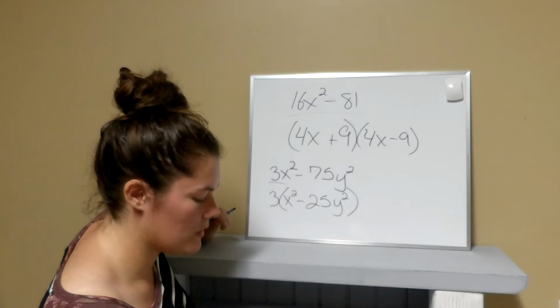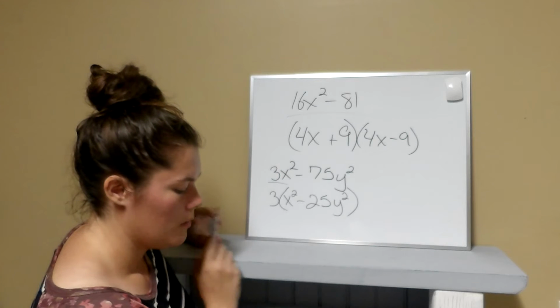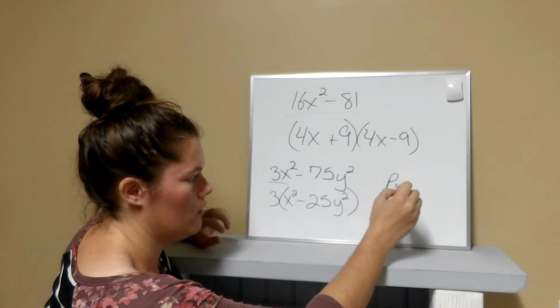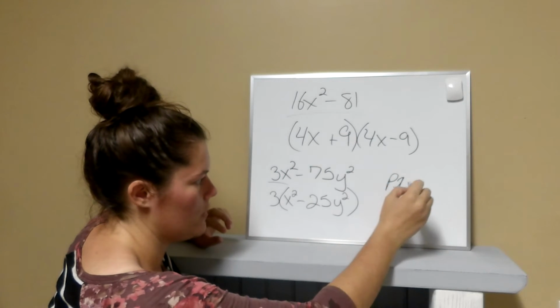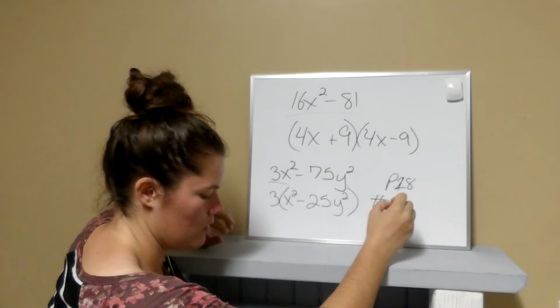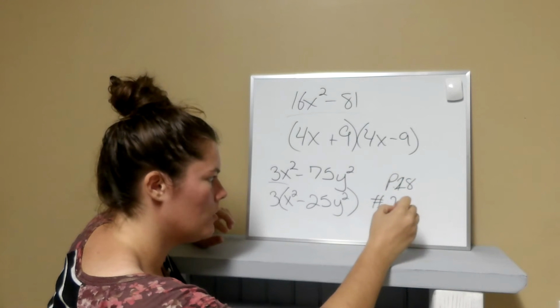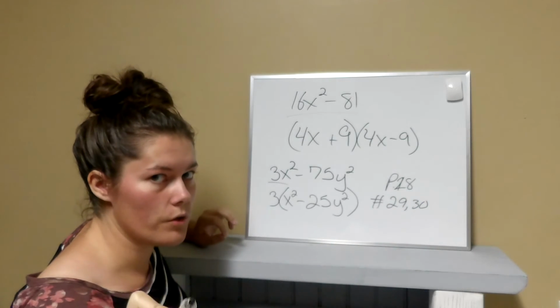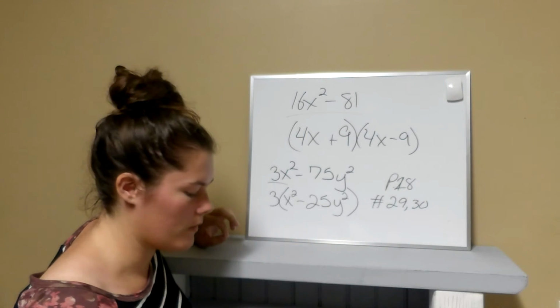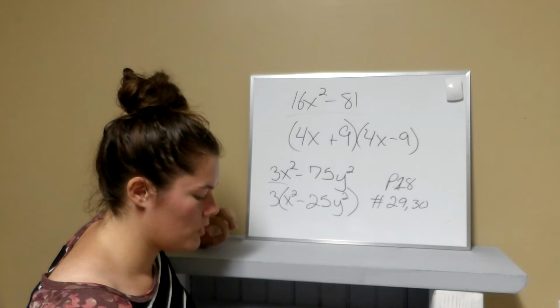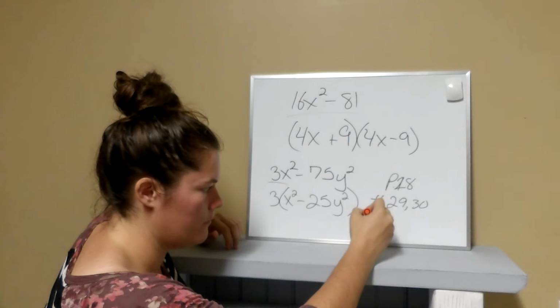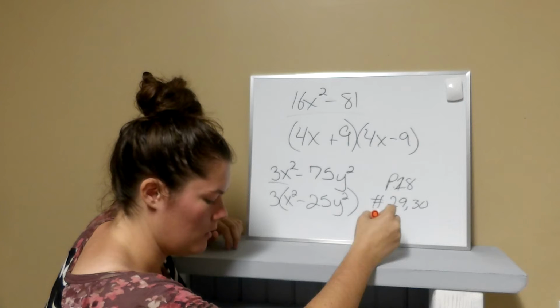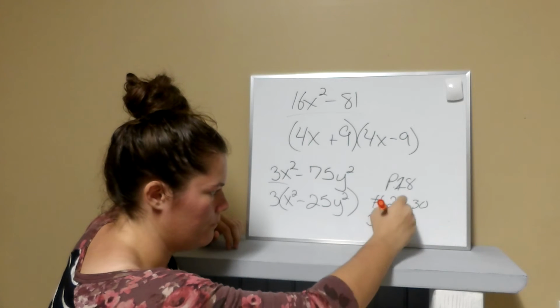And your homework for tonight will be page 28, numbers 29 and 30. I want you to show your checking work and everything. And then I want you to do number 31, 32.